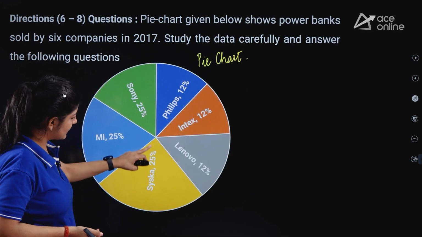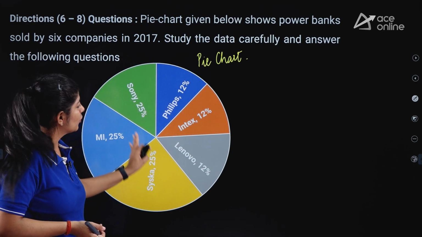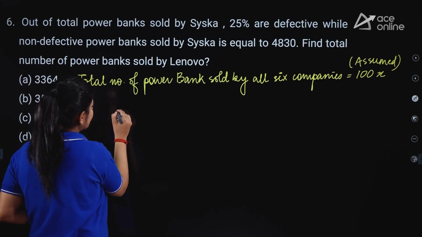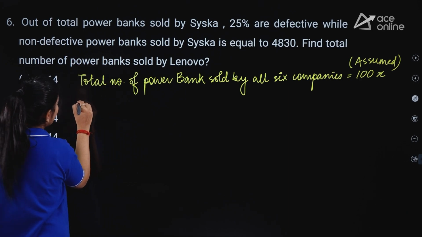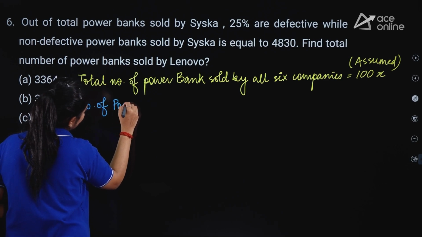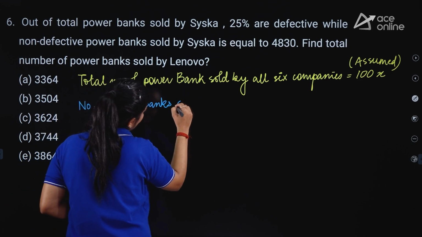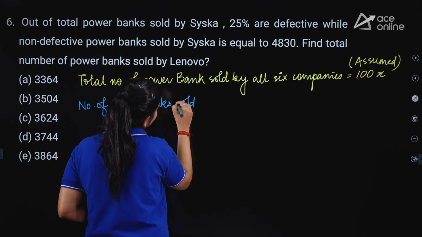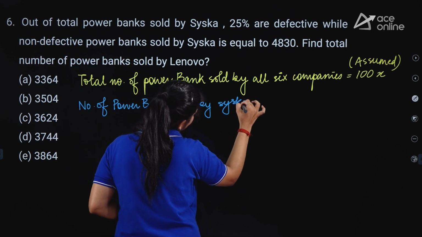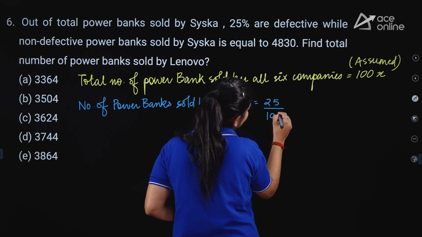So Cisco is selling 25% of the total power banks, okay. So 25% of what? 100x. So we can say that the number of power banks sold by Cisco is nothing but 25% of what?